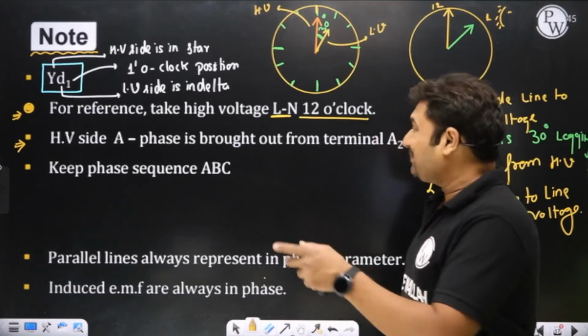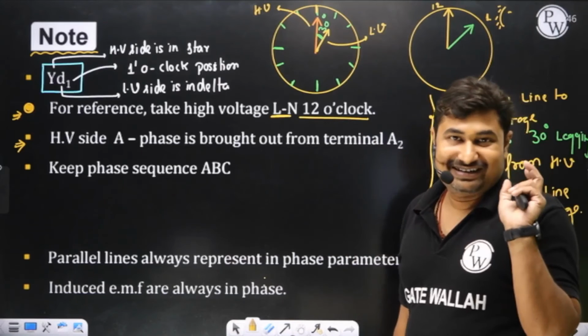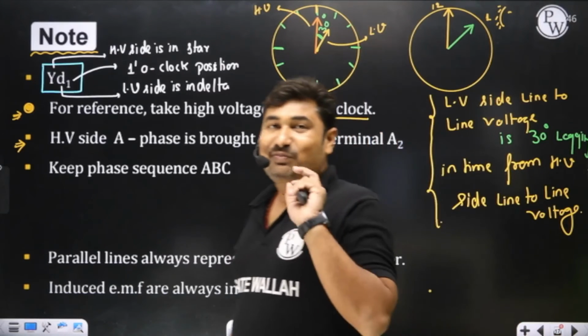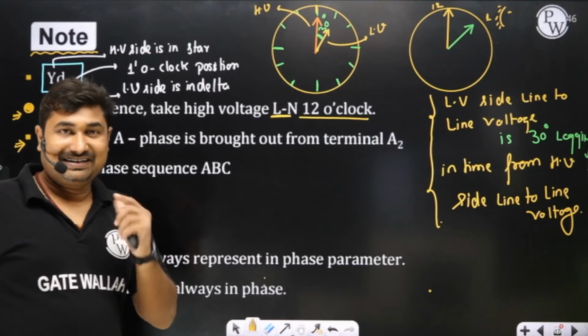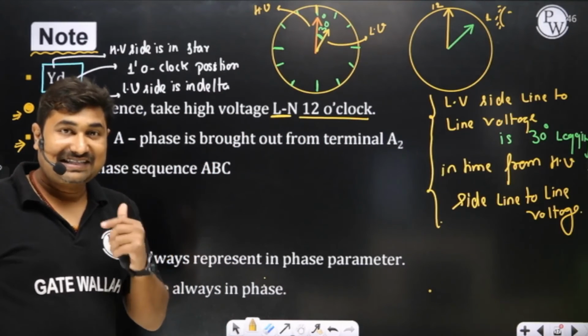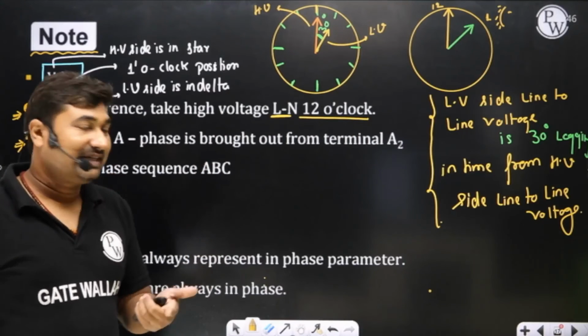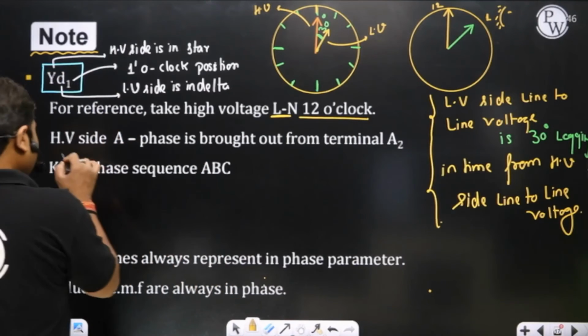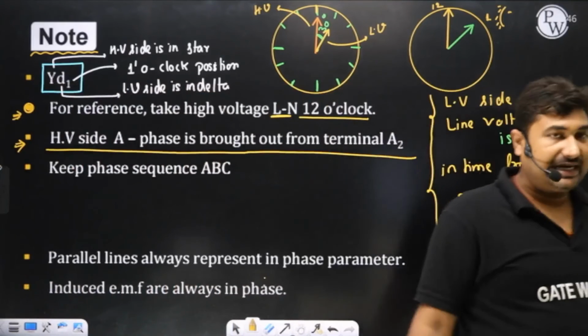So for that purpose, I am just giving one fixed notation, so both of us are able to understand in the same way. So always take HV side A phase is brought out from terminal A2. Just write down.